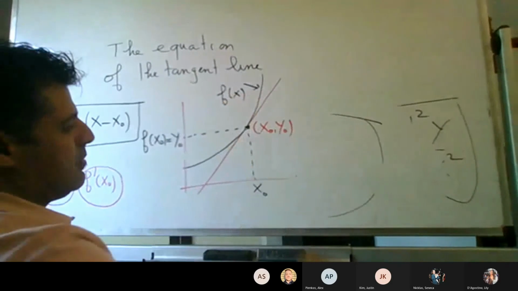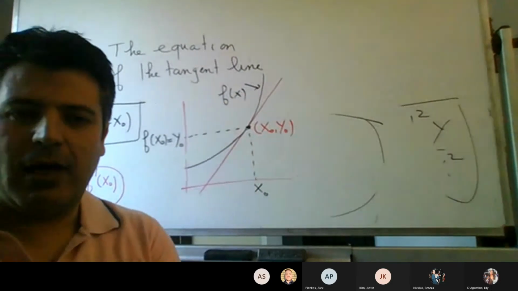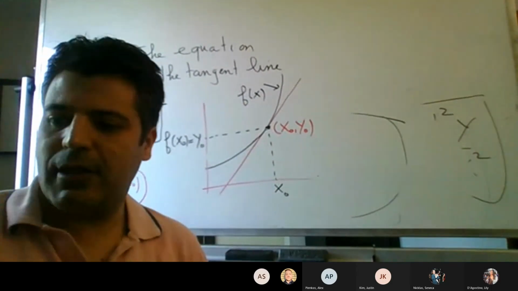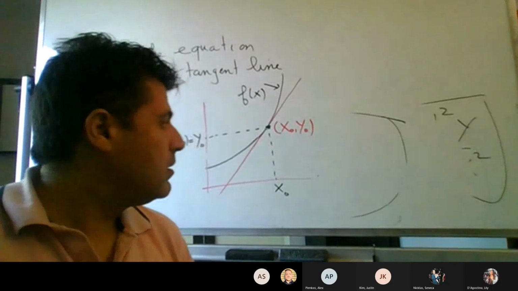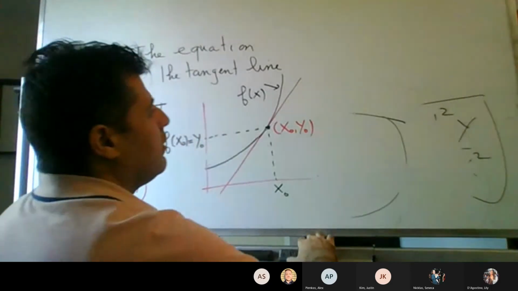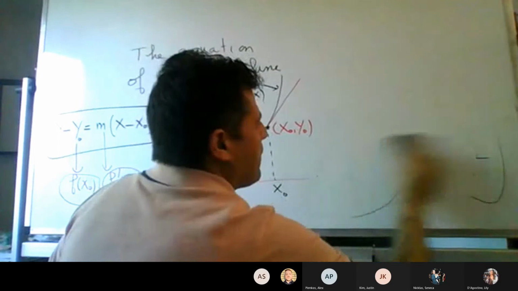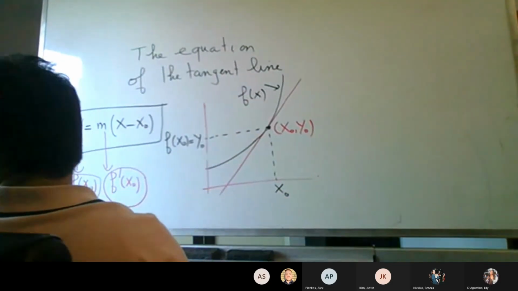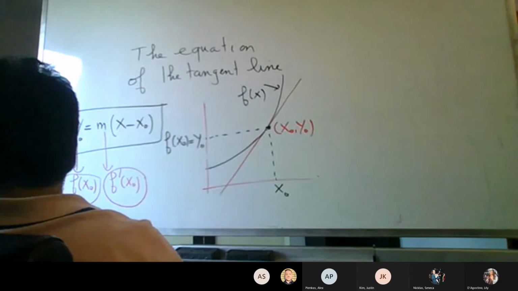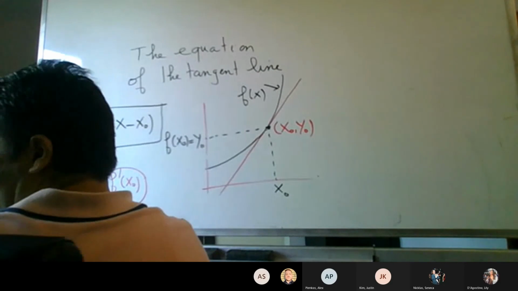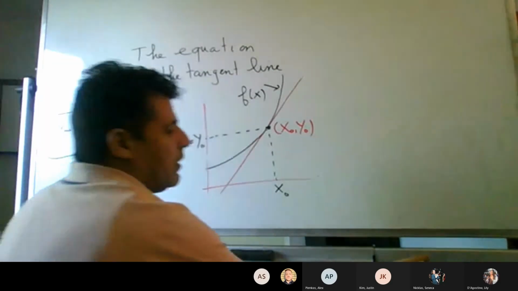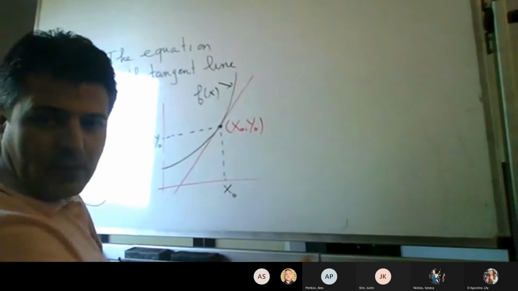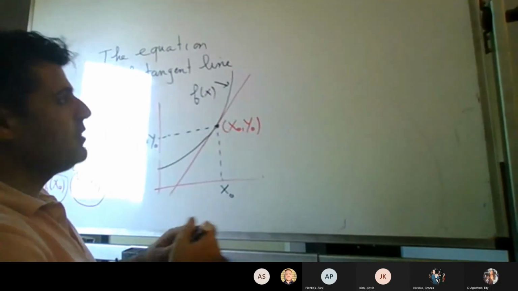Here. So let's assume that y equals x squared plus 3. Find the equation of the tangent line.